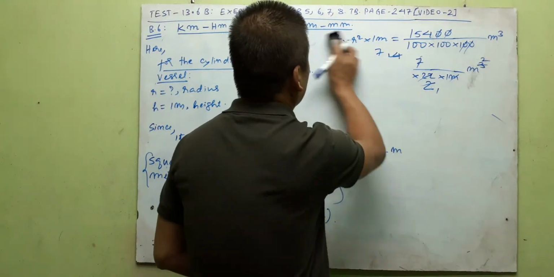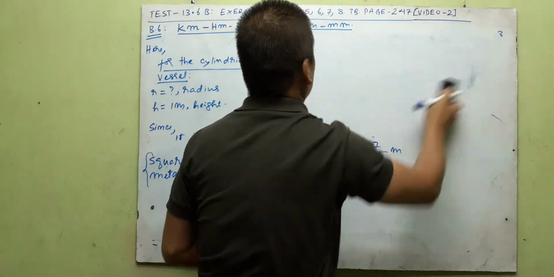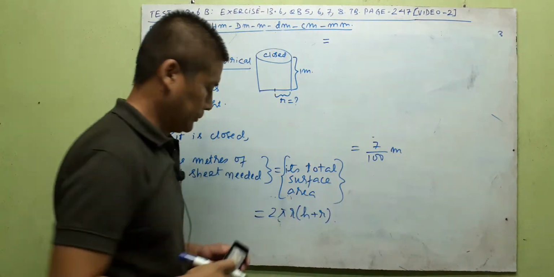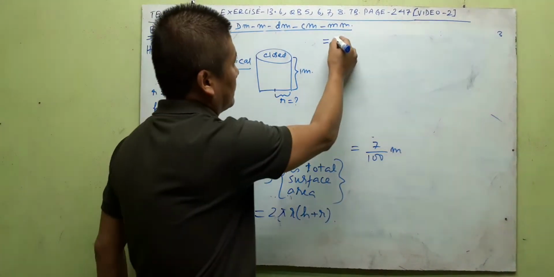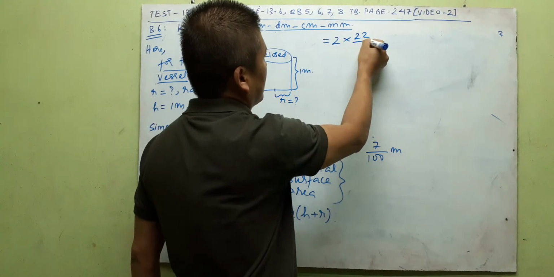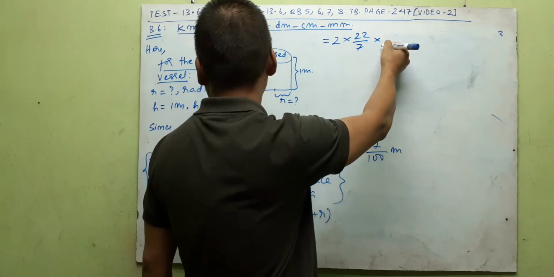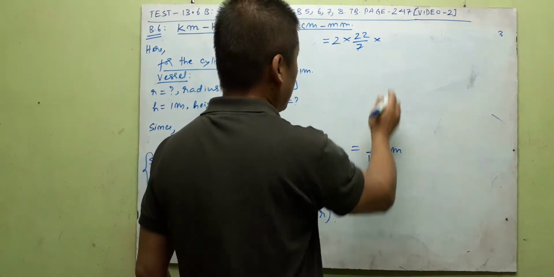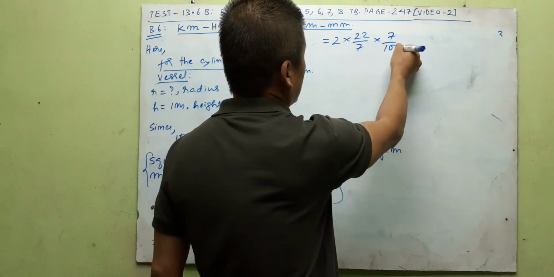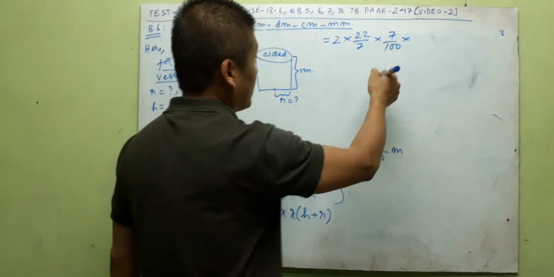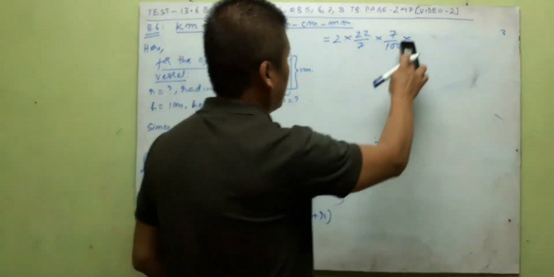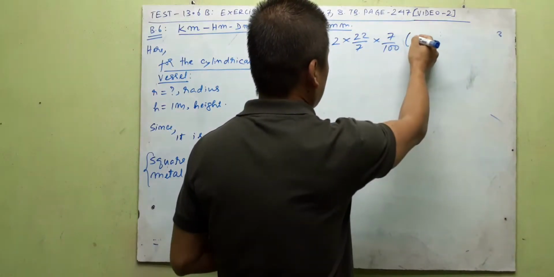As you keep on doing that, you will get here, that will be equal to 2 into pi is 22 by 7 and r is, just now we got it, 7 by 100, into bracket there, 2 pi r into h is 1 meter.